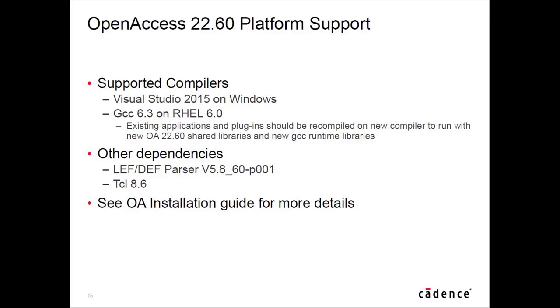So if you are providing a plugin or using a plugin, you need to recompile that plugin on the new compiler in order to be able to run with the new OA 2260 shared libraries, and in particular the new GCC runtime library. If you want to continue to run with 2250, you're fine, but if you want to run with 2260, you have to recompile your plugin.